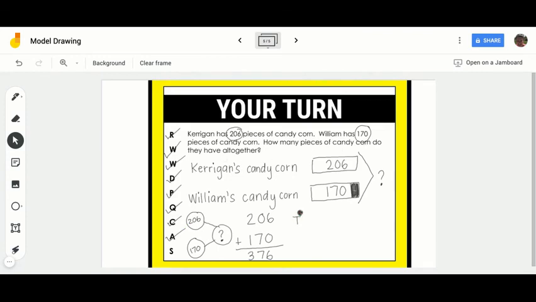We can say they have, don't forget to write this part, 376 pieces of candy corn all together.